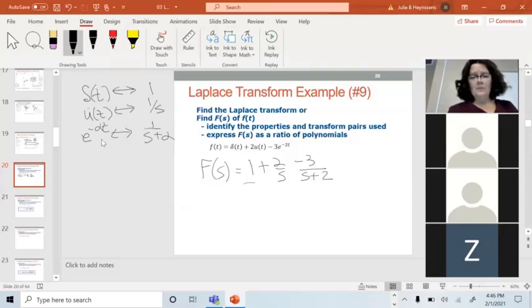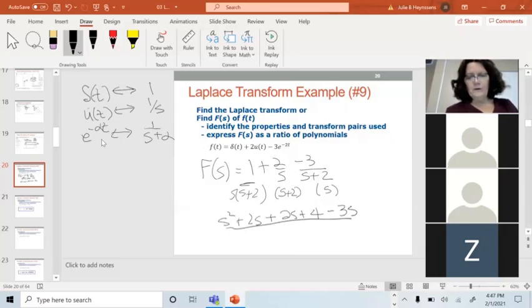What I'm going to do here, and I know it's useful for later on when I want to do the inverse Laplace transforms, I'm going to clean this up and put it over a common denominator. So I would have to multiply the first term times s plus 2. The second term, I'd multiply the numerator and denominator by s plus 2. And the third term, I'd multiply the numerator and denominator by s. So I get s squared plus 2s plus 2s plus 4 minus 3s all over s times s plus 2.